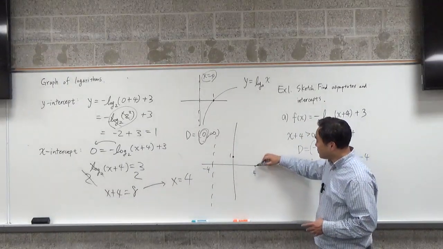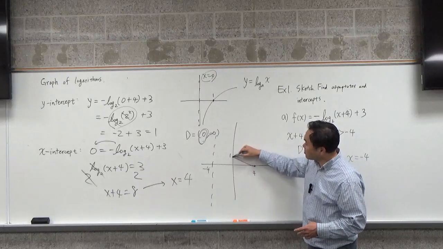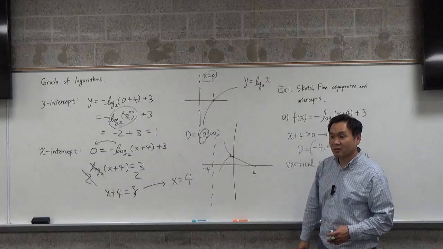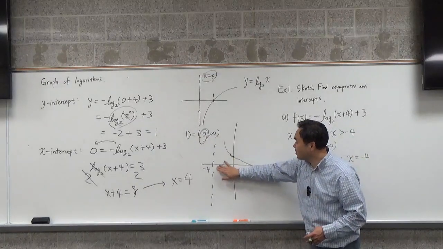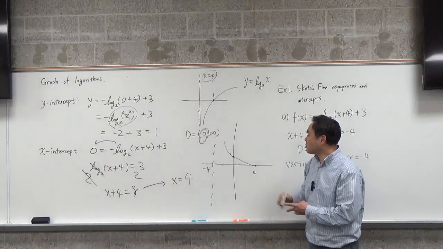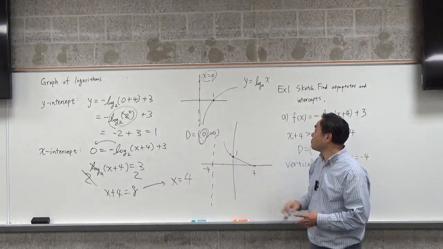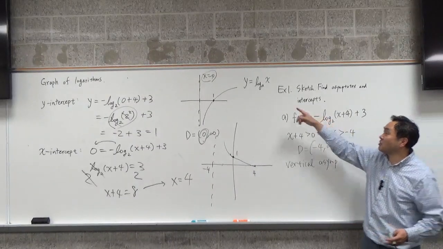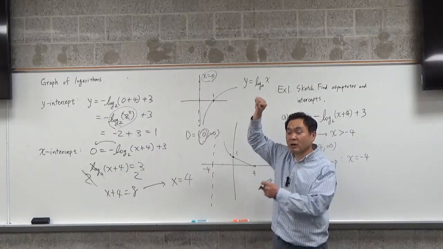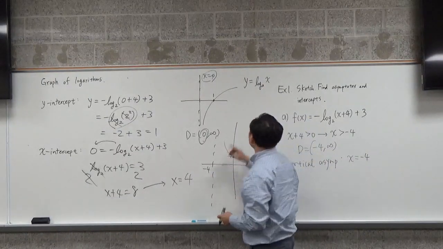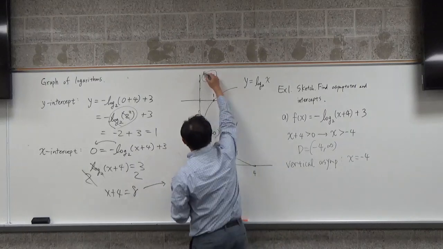So if it's like this, as you approach this, should you go up or down? Which one do you think is right? Should be up. Okay, because it was going up, it should continue to go up. Now, the real reason why it should go up is because of this negative sign. If you have a negative sign in front of the graph, what happens? The graph becomes upside down, right? So if you put a minus, the graph becomes like this.